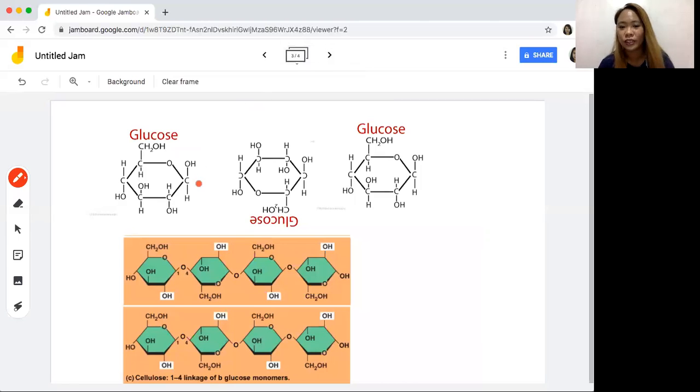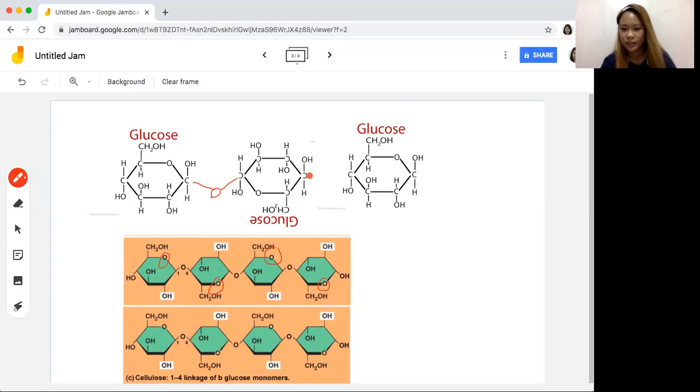So you will notice here that glucose 1 is facing upright, and then glucose number 2 is facing downward. The same here: your oxygen is here, so it is facing upwards, but the oxygen is here on the second glucose molecule, so it means it's facing downward. This one is facing upward, and then this is another facing upward.